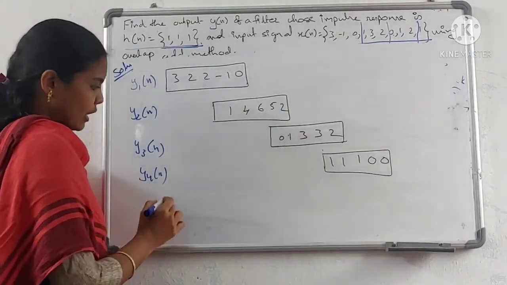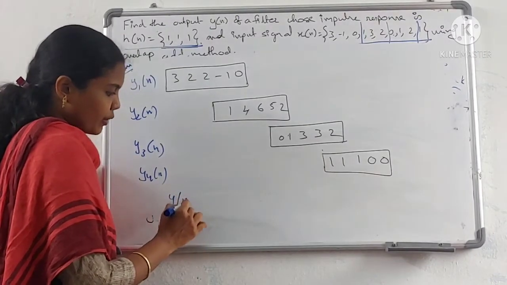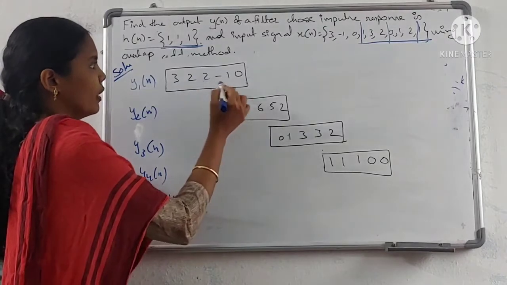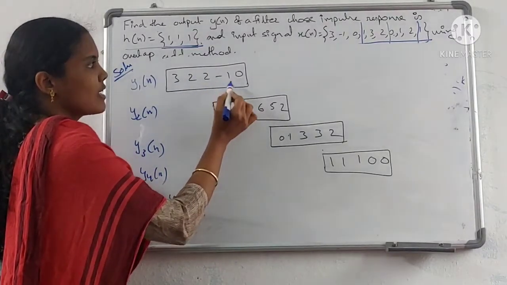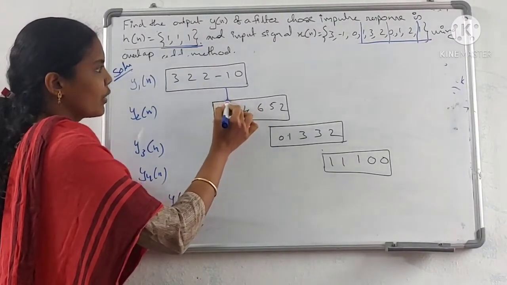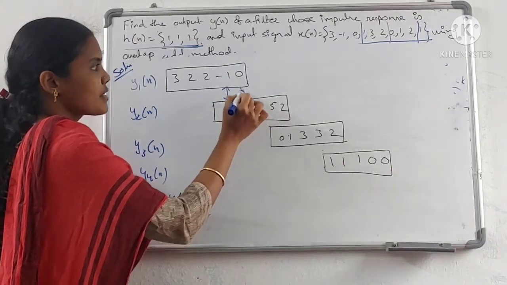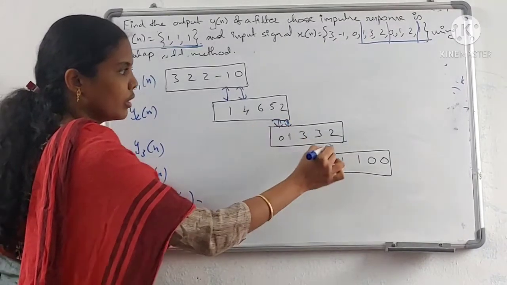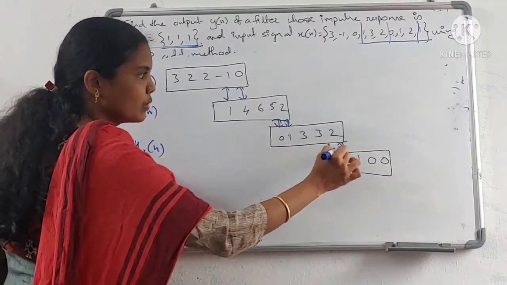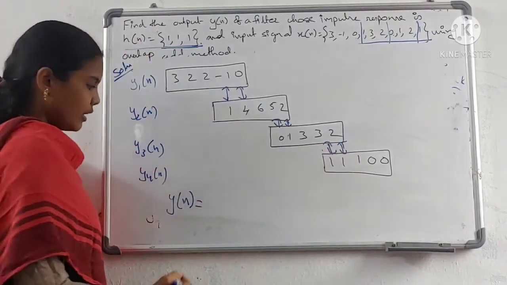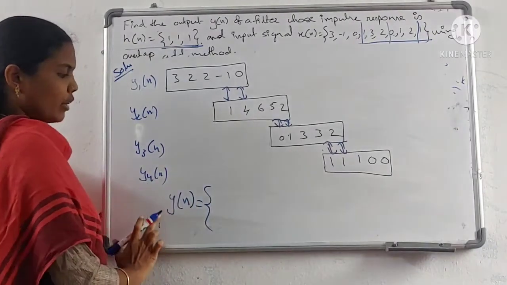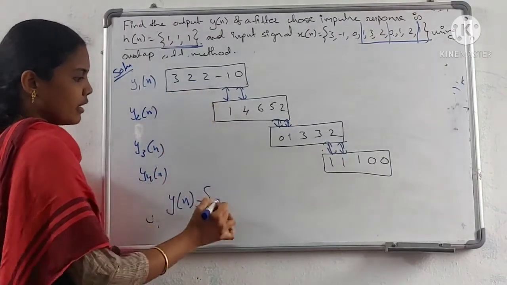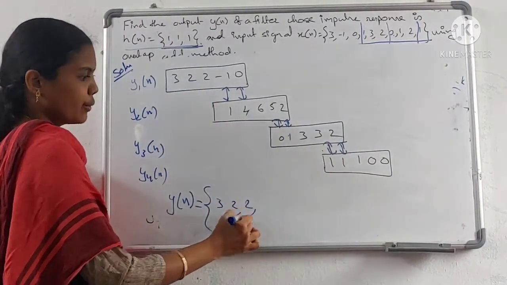Now I am finding the total output y of n. Consider the last 2 bits of each block, which overlap with the first 2 bits of the next block. The first 3 values are 3, 2, 2.